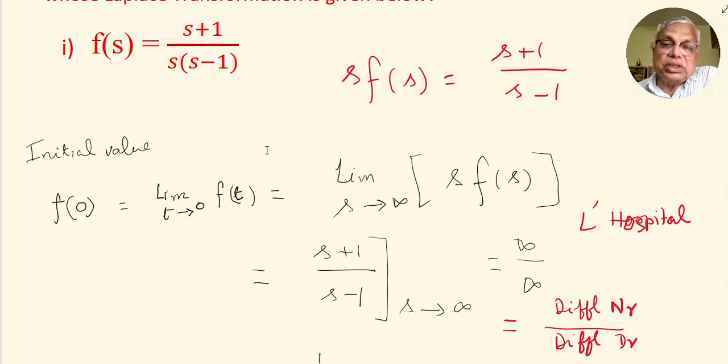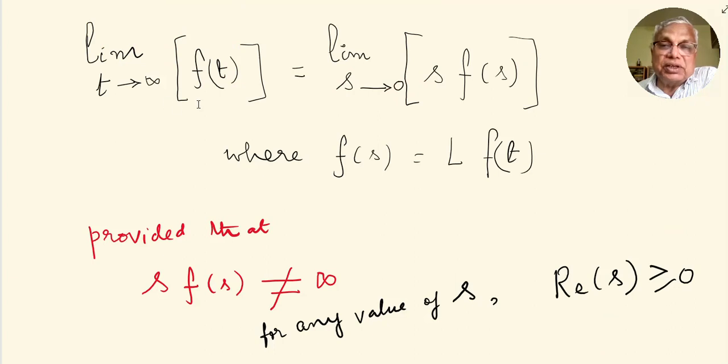Now let us go to the final value. Now this is the final value theorem. Final value is given by limit of s tending to 0 of s into F of s. But the final value theorem has also got a condition that provided that s into F of s should not become equal to infinity for any value of s satisfying the relation such that real value of s greater than or equal to 0.